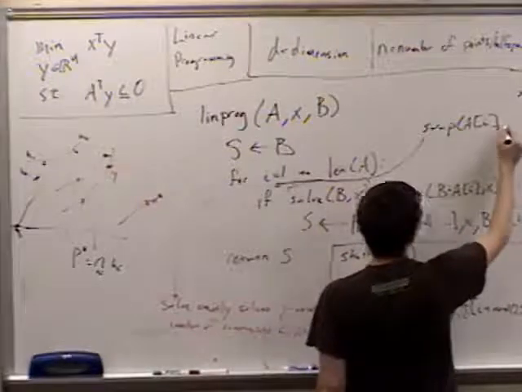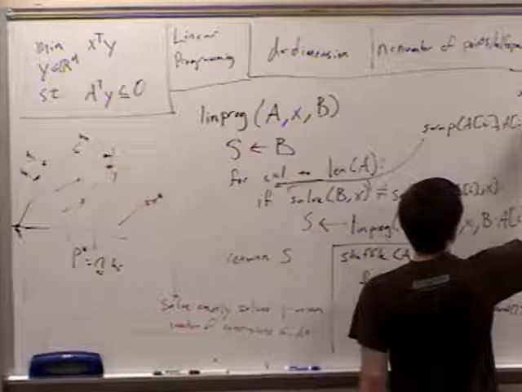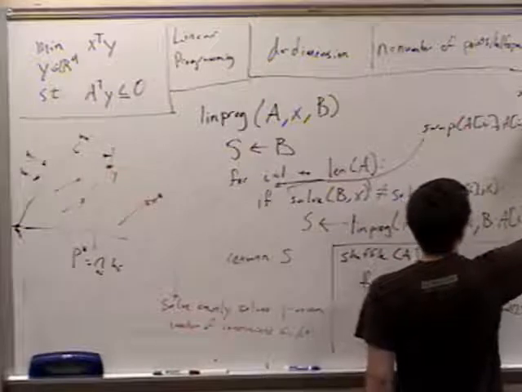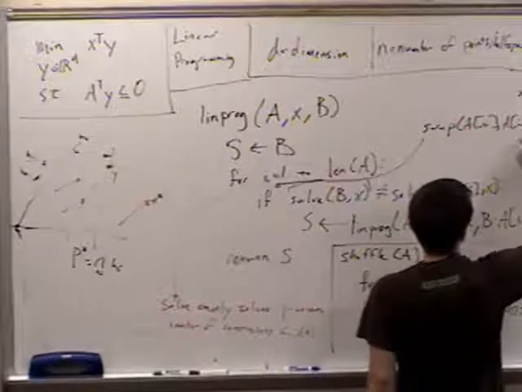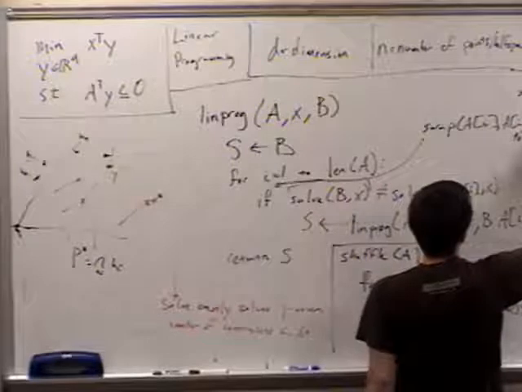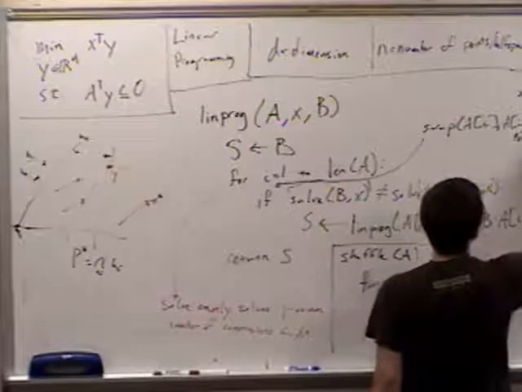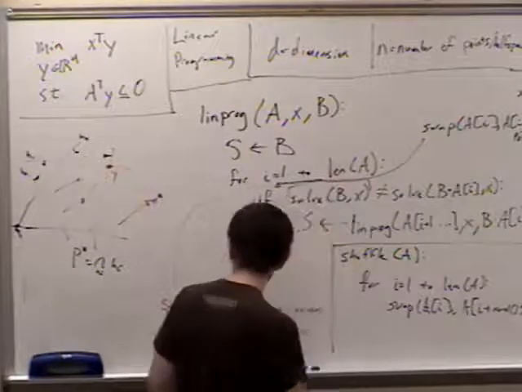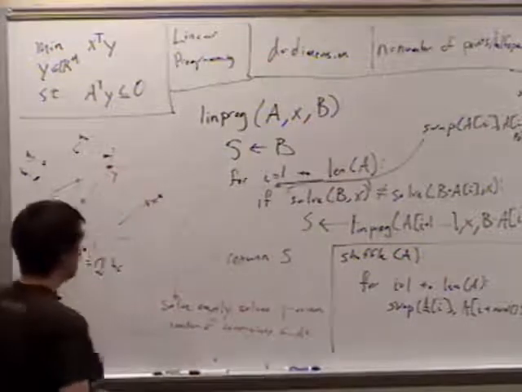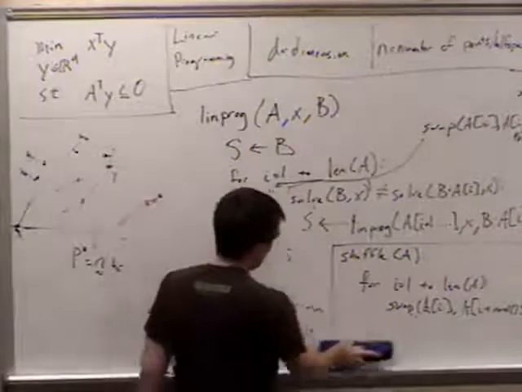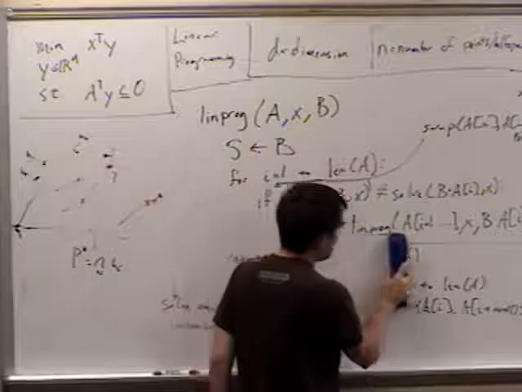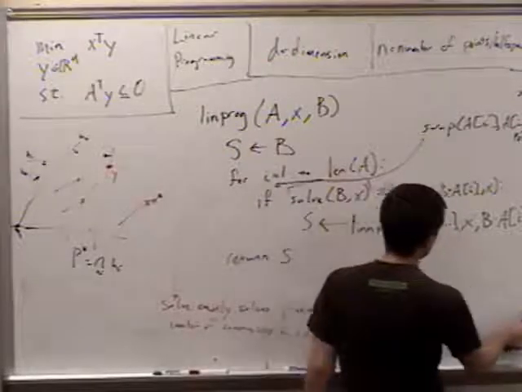So we'll swap A[i] with A[i + rand mod (n - i)]. All right. So that's the simple trick that we're going to use.